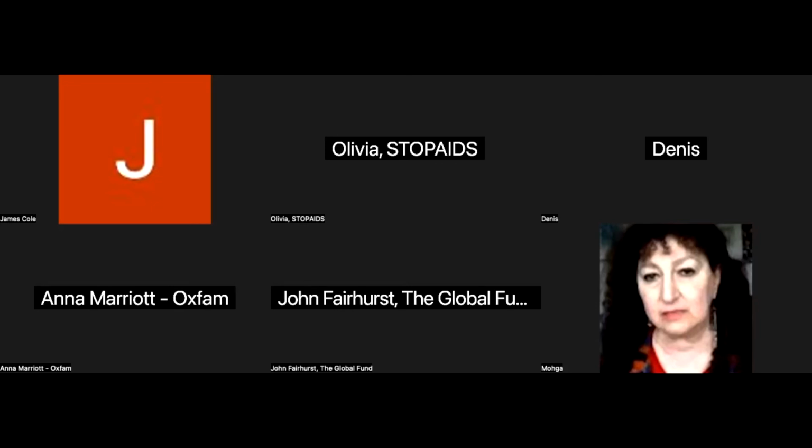So the first point is that what we learned from COVID is something that activists in access to medicine have known for decades and decades, which is the importance, or the essential role, of public funding in research and development for medicines.